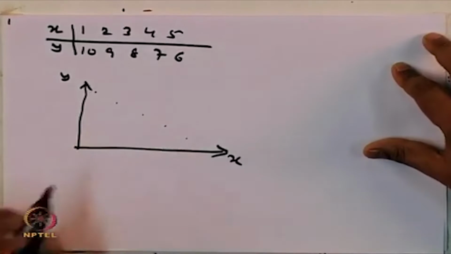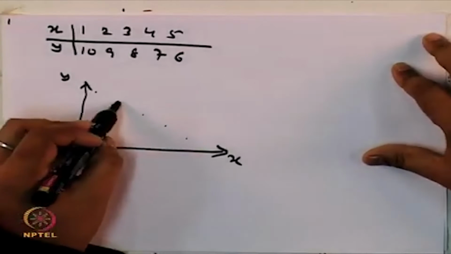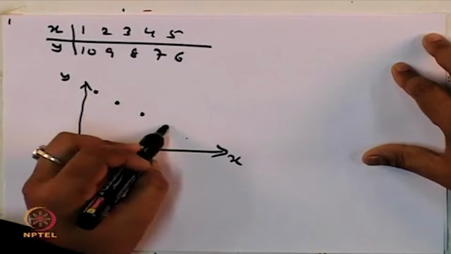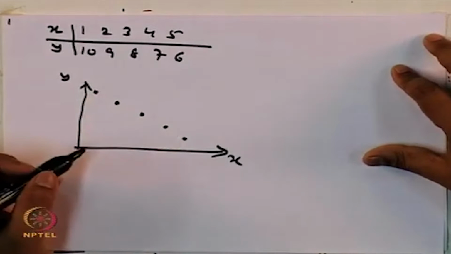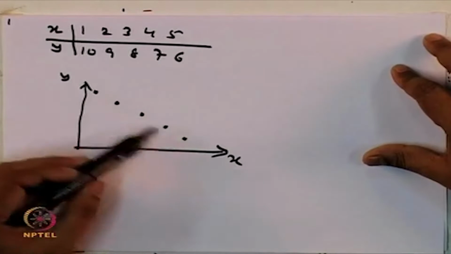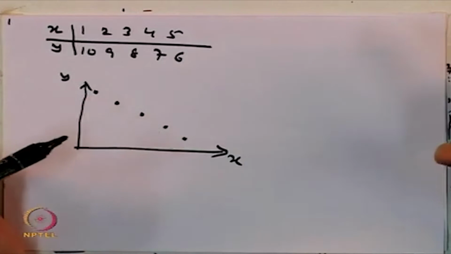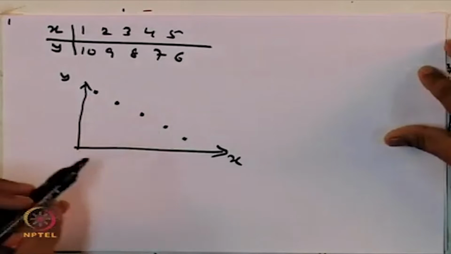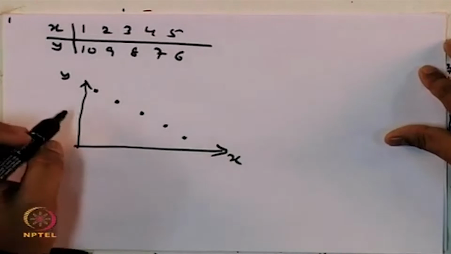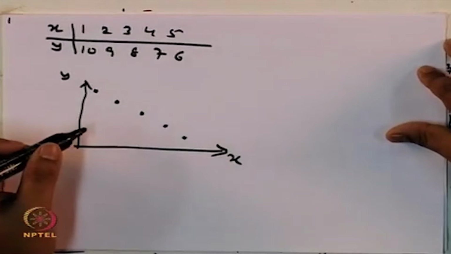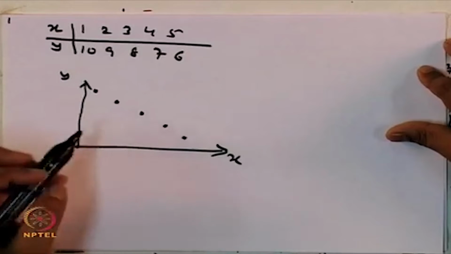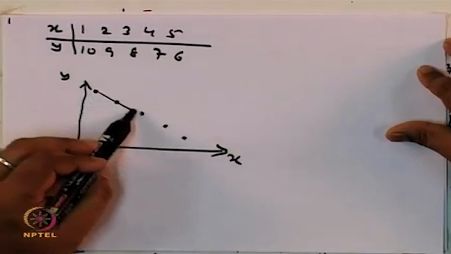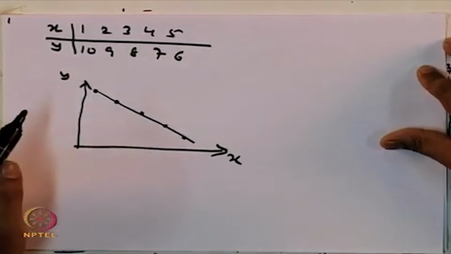So, you have these 5 points. Okay, let me make the points darker. So, you get the feeling that there exists a correlation or an inverse correlation, that is with increase in x there is a decrease in y. This is a very good data, you can clearly see that there is a clear line which passes through all these points.